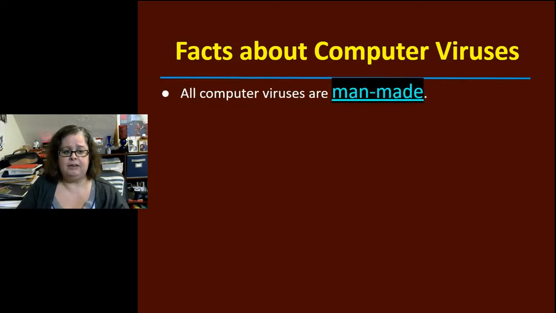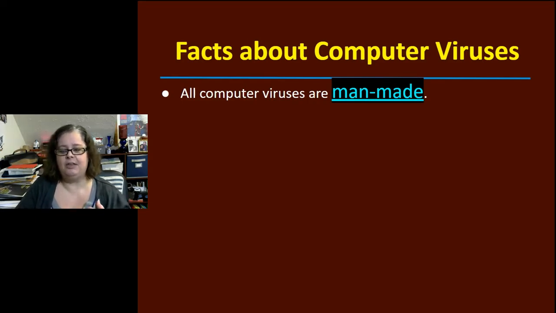All computer viruses are man-made. They do not occur naturally in the world like regular viruses, like the COVID viruses. We're going to assume that's a naturally occurring virus, not man-made. But all computer viruses are man-made. So a coder, somebody who knows coding and programming, actually sat down at their computer and created each virus.